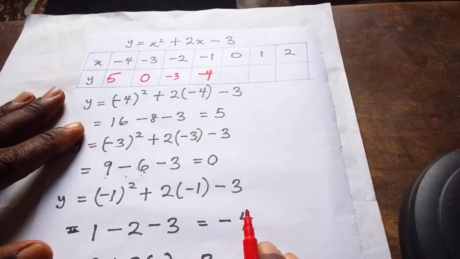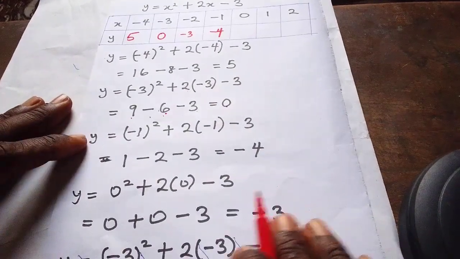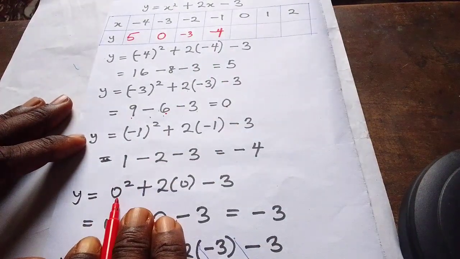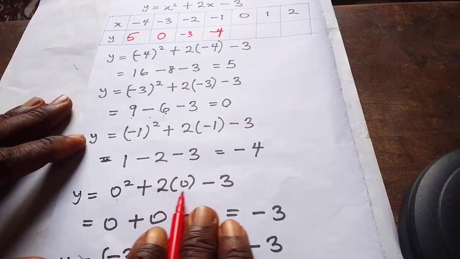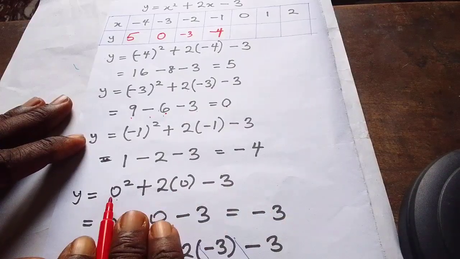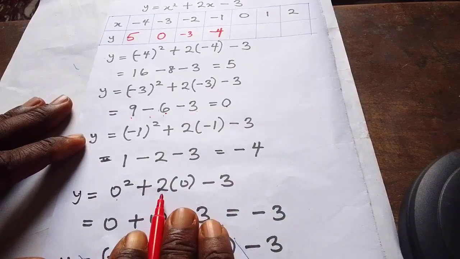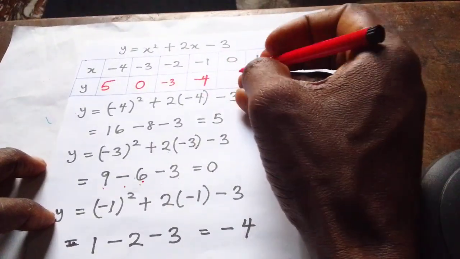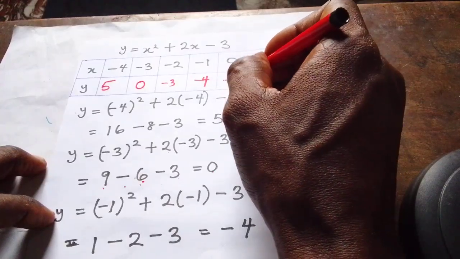Then when x is 0, substitute 0: 0 squared plus 2 times 0 minus 3. 0 squared is 0, plus 2 times 0 is 0, minus 3 is minus 3. So when x is 0, y is minus 3.